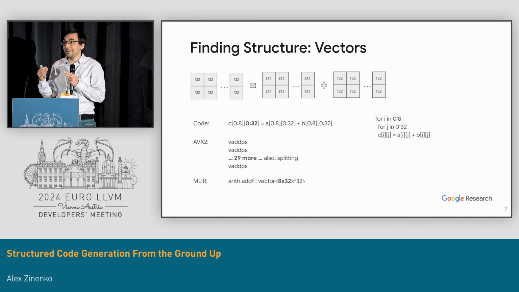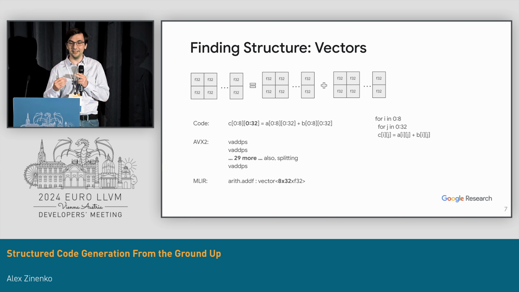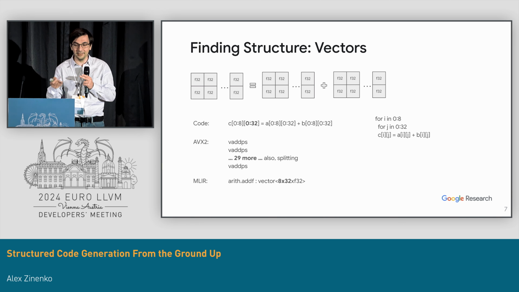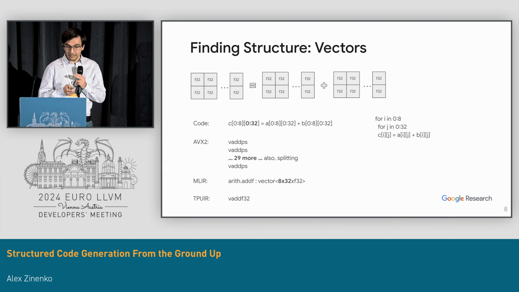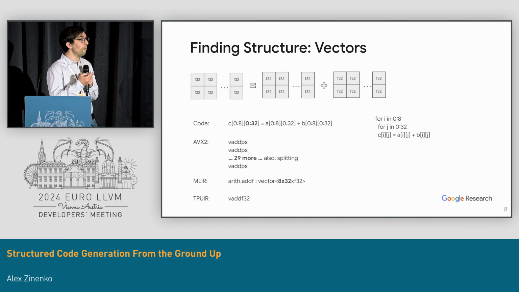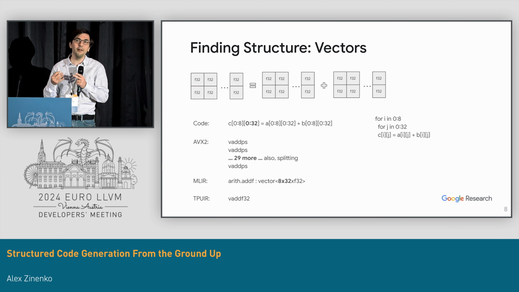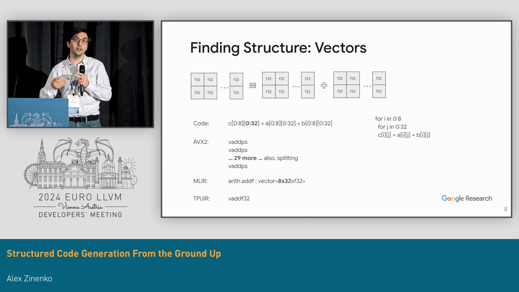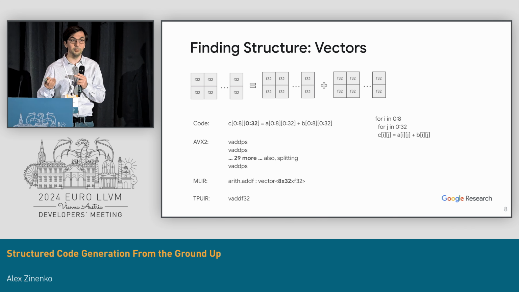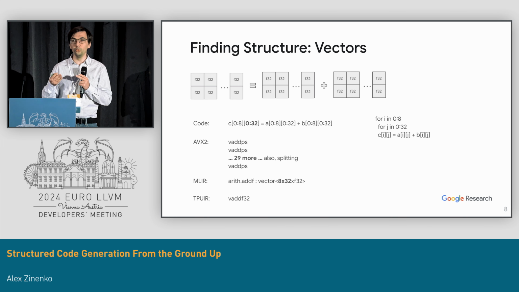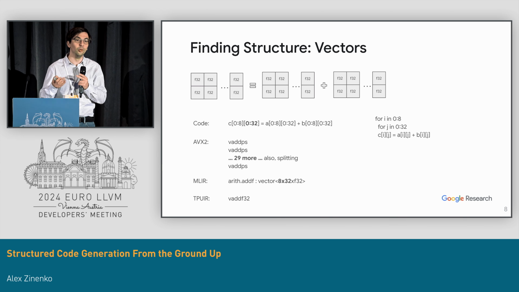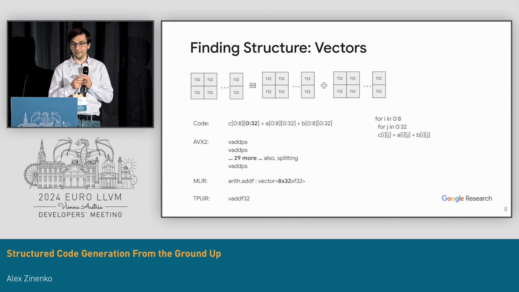Well, in MLIR, it's kind of nice because we can still use an arith.addf instruction on a 2D vector, because MLIR just happens to have 2D and ND vectors. And if you have a more advanced architecture like Google Cloud TPU or even an NVIDIA GPU, you might have a 2D instruction. So you might be able to add 2D vectors as an instruction that you're targeting.